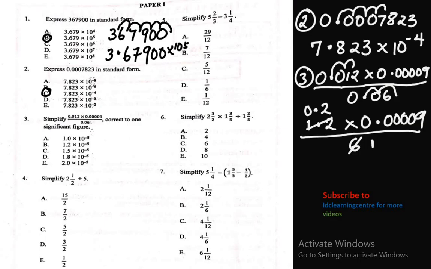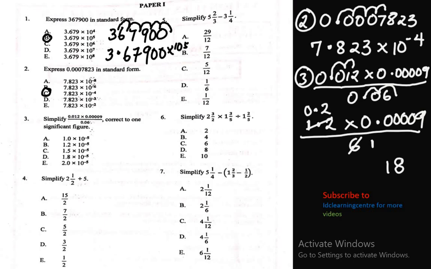0.00009. Now, the next thing to do is to multiply the non-zero digits, which we have the 2 and the 9. Is that okay? Now, the non-zero digits, the 2 and the 9, 2 times 9 will give me what? 18. Let me write it here. That's 18. But then 2 here has 0.2, you have one decimal place.